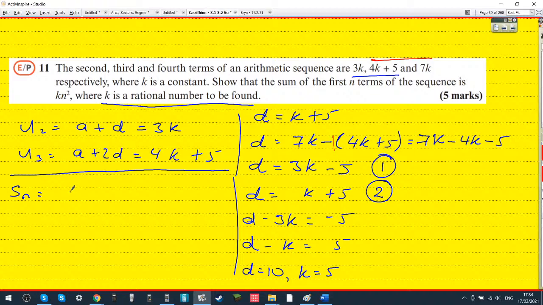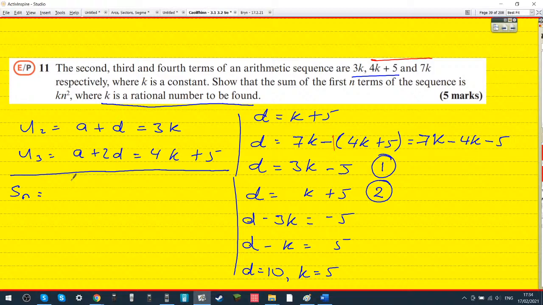I'm not sure. Find A. So D is k plus 5. So 2k plus 5. No, go back up to the minus 5. Original equations.